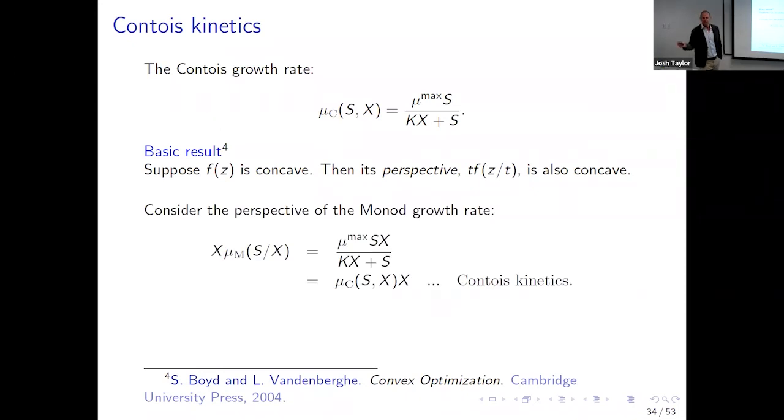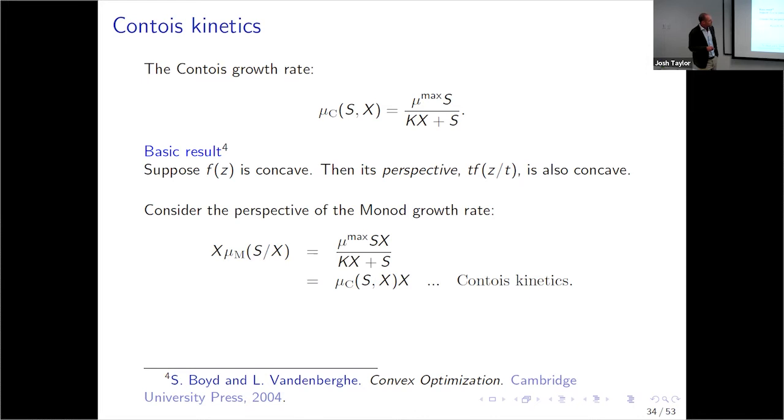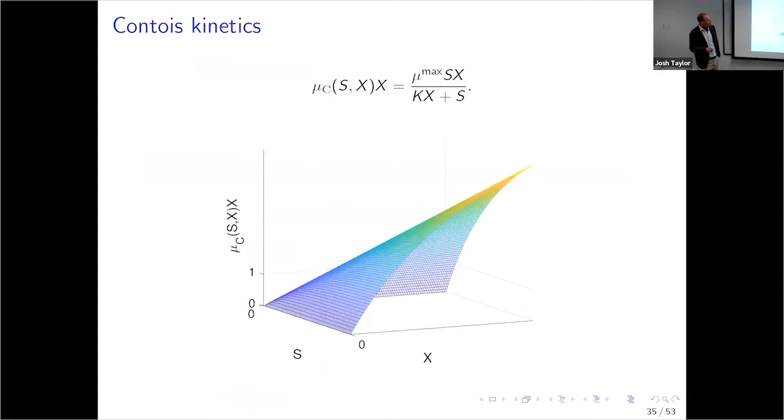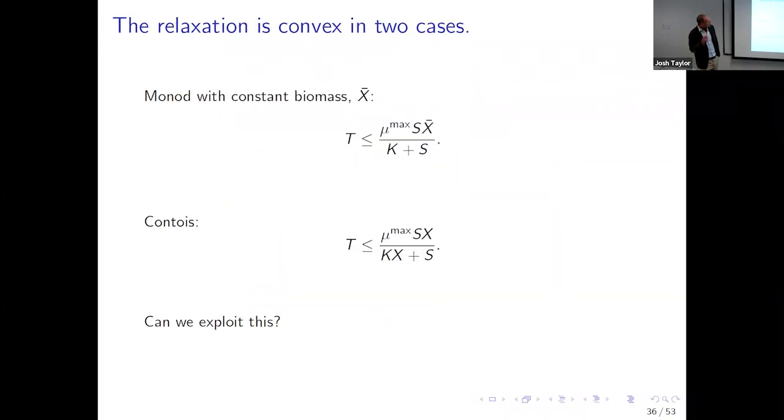Now we could make this statement just by taking second derivatives, but I think this is a nice little connection. If we take the perspective of the Monod growth rate, not the kinetics, but the growth rate, which we know is concave, the perspective of the Monod growth rate is actually the Contois kinetics. So that's good news. The Contois kinetics are concave, and we can see it has a nice concave shape. So that's good news for optimization.